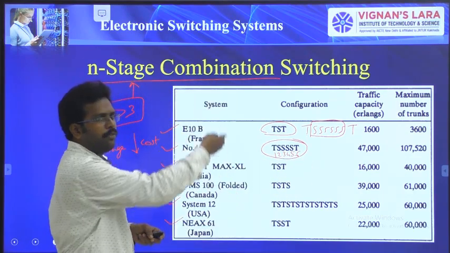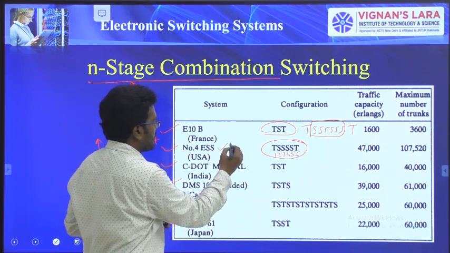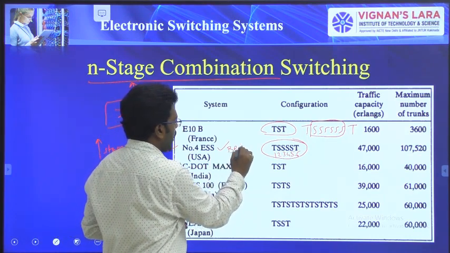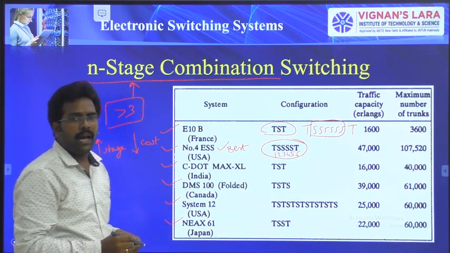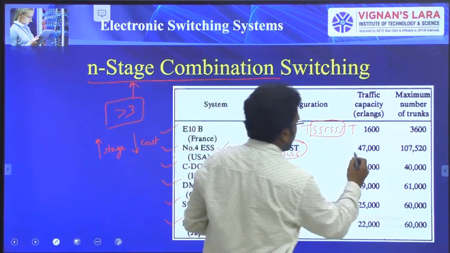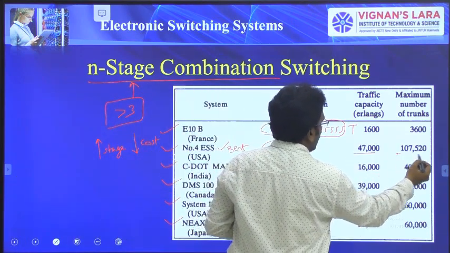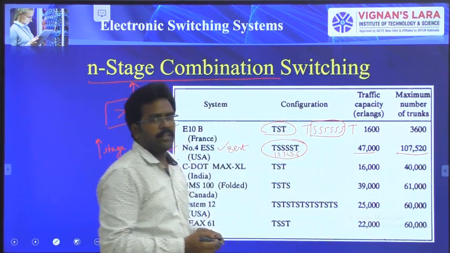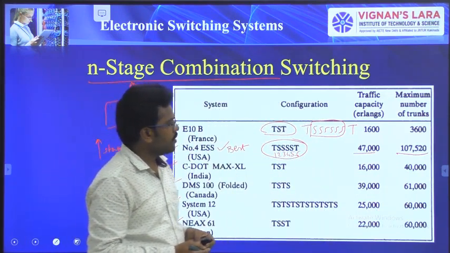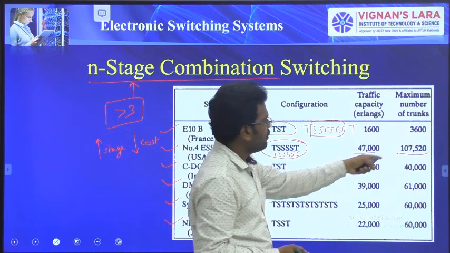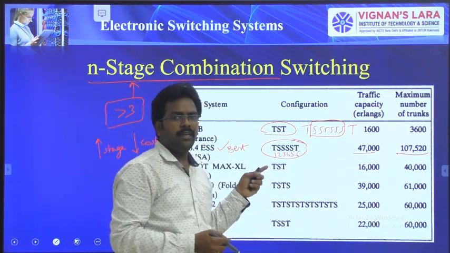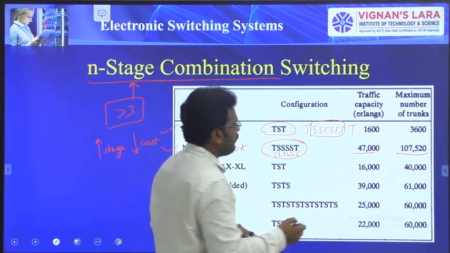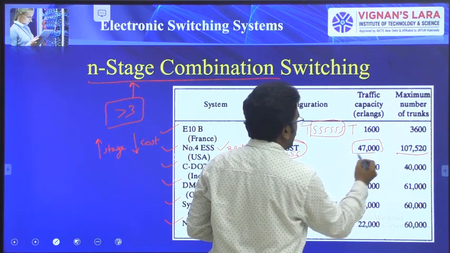Out of all these configurations, this is the best, having the highest traffic capacity and able to operate the maximum number of trunks. 1,07,520 trunks it can accommodate, and the traffic intensity is 47,000.